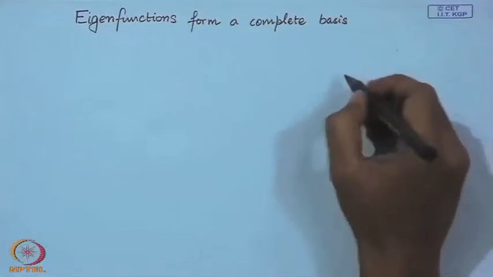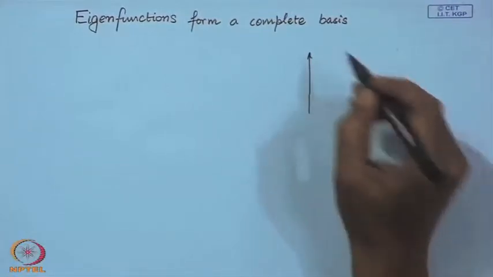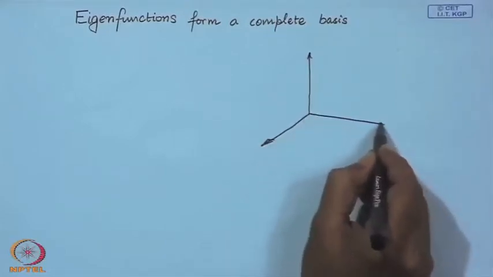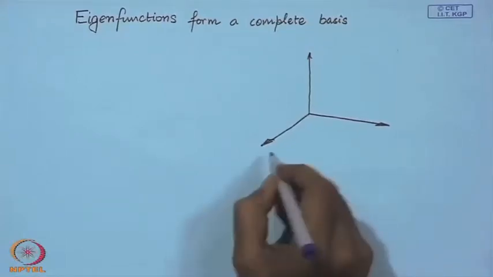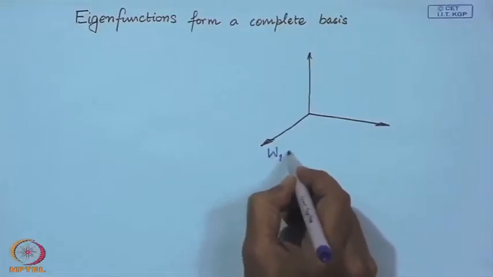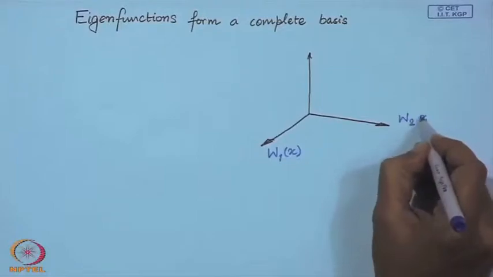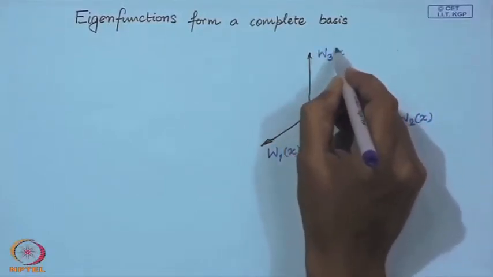Suppose we have these eigenfunctions, let us call them w 1, w 2, w 3.